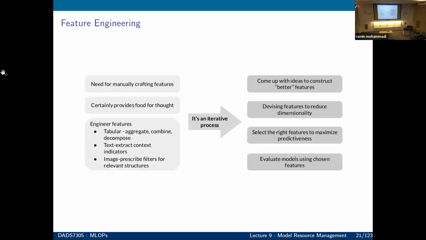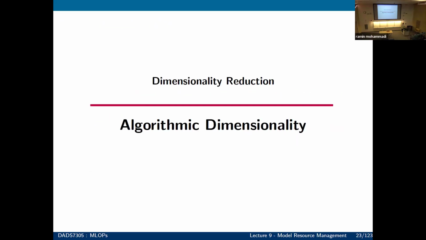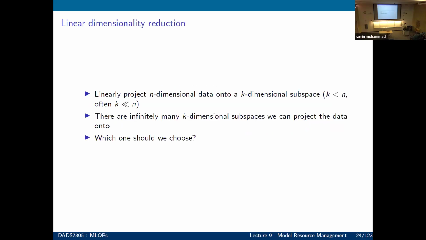We're not going to talk about manual feature selection, but we're going to focus on algorithmic dimensional reduction. The first technique is linear dimensional reduction, which is a straightforward process. If you have n dimensions and you want to go from n to k, you just find a linear process to map data to lower dimension.